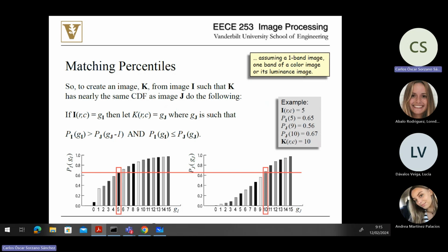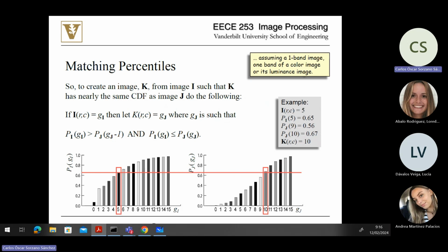Now I have to look in image J for a value such that the probability of being smaller than that value is also around 0.65. If I can find 0.65 exactly, the better. Let's say that this is exactly the same.